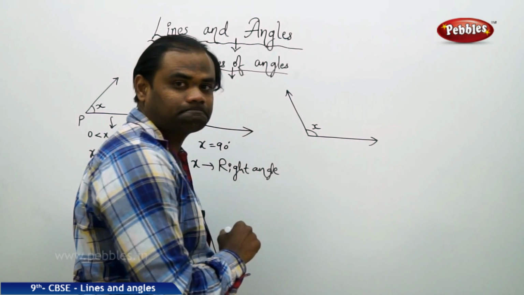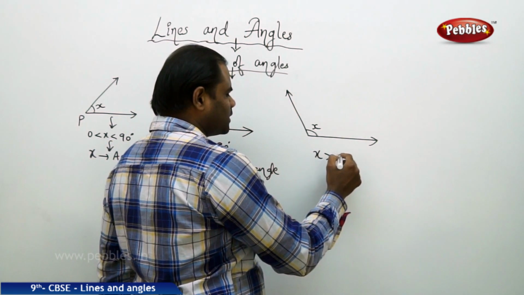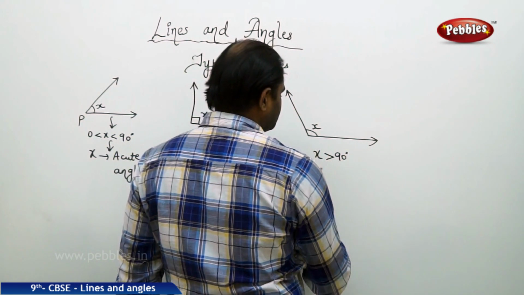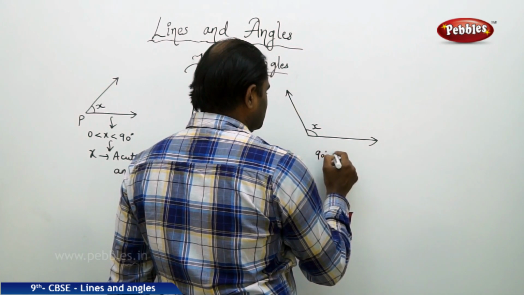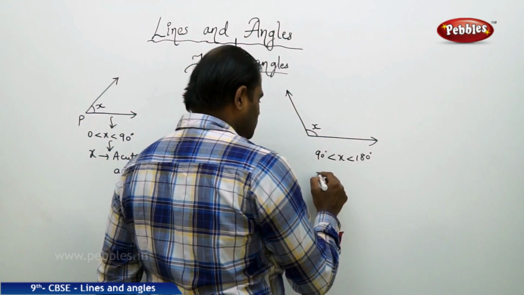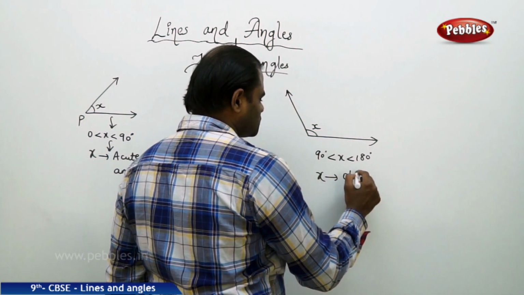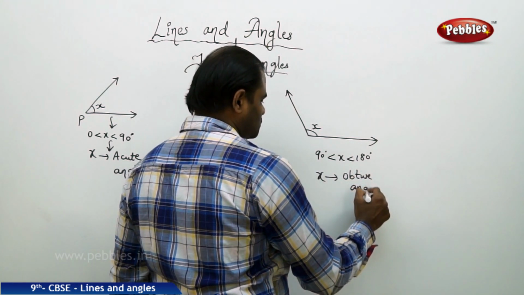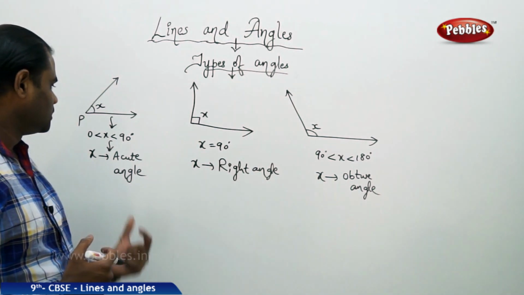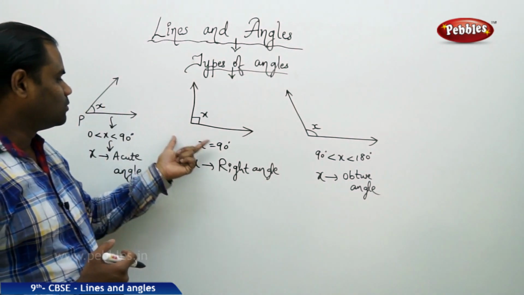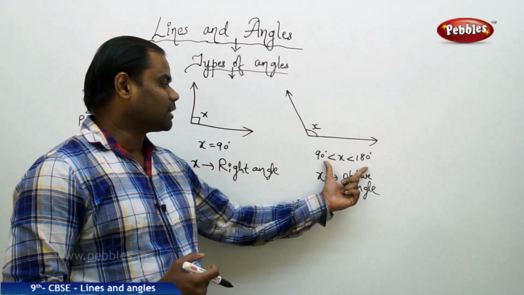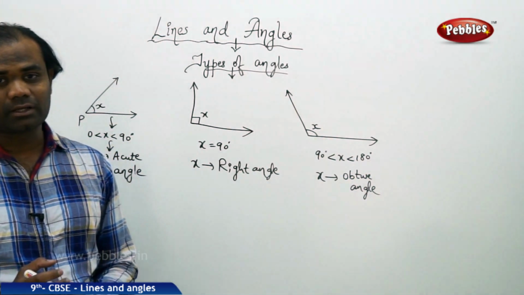If this is x, then any angle which is greater than 90 and less than 180, an angle which lies between 90 and 180, is called an obtuse angle. This is how we see the 3 different cases of an angle: less than 90, acute; equal to 90, right angle or perpendicular angle; and between 90 and 180, obtuse angle.